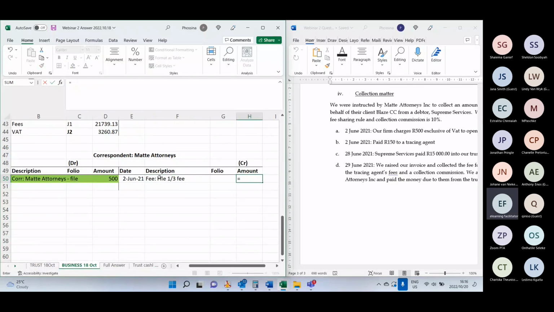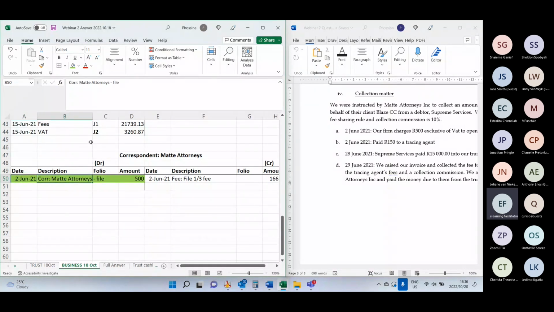So the amount is 500 multiplied by 1 divided by 3. So we've completed our double entry. And then this one is coming from the fee account, and it's our file opening.